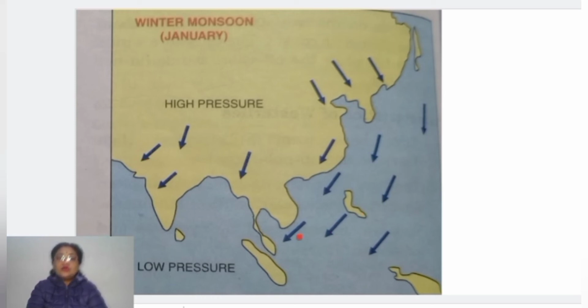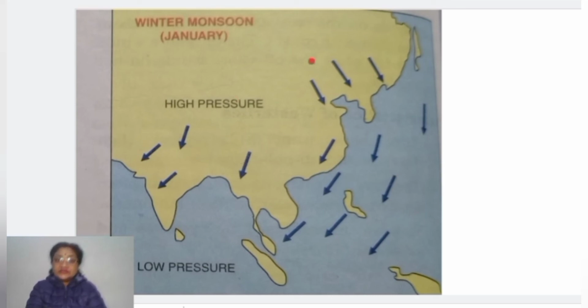Because of the low temperature over the land area, high pressure develops, and over the sea or ocean water the temperature is a little higher than the land. Because of the high temperature, low pressure develops there. This is the condition which makes the winter monsoons blow. From the land towards the sea, the winds start blowing.